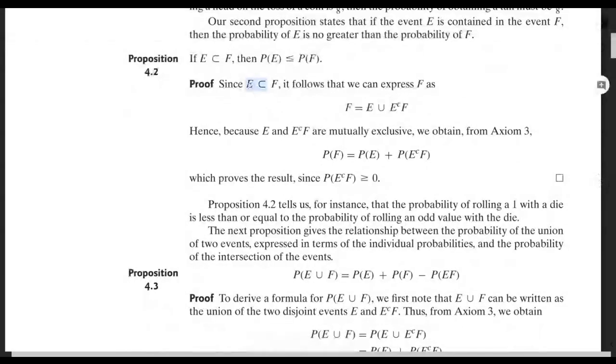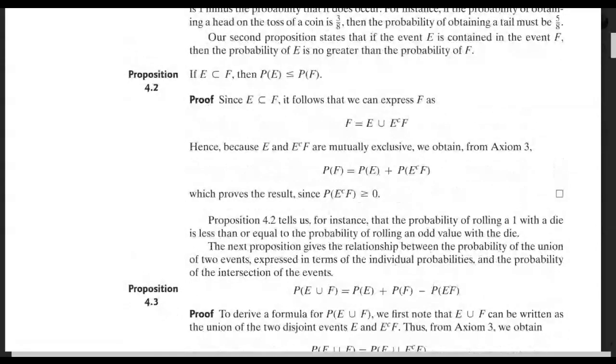So if event E is included in event F, then F equals event E union F intersect with the complement of E, of course, right? Because F intersect with the complement of E is something not in E, but in F.